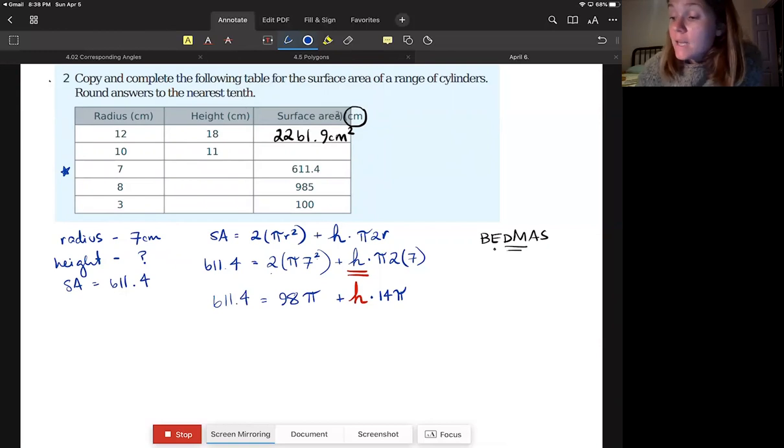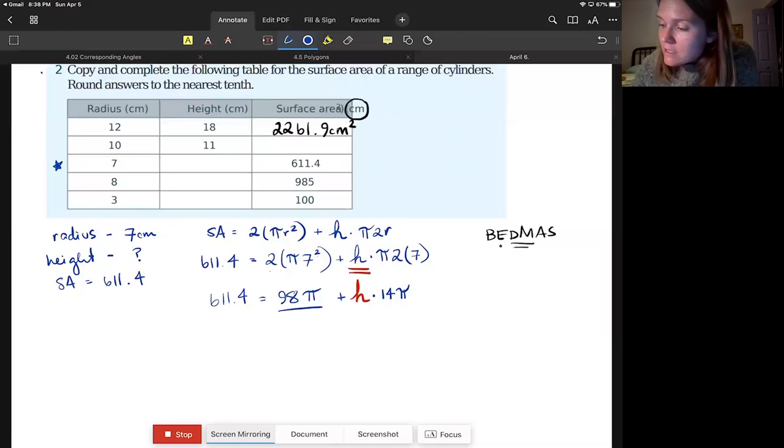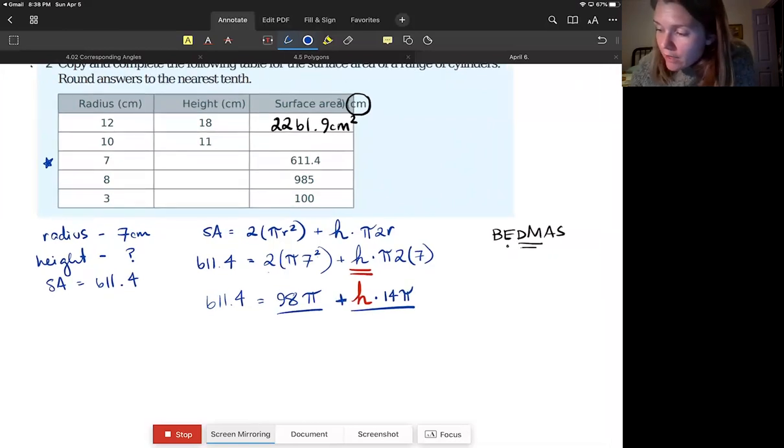plus 14 pi h equals 611.4. The next step that we want to do is move this value to the other side. Now, because I'm adding this quantity, it means I want to do the opposite of it to move it to the other side. Ironically enough, I'm not looking at the 14 pi h to tell whether I want to do the opposite or not.